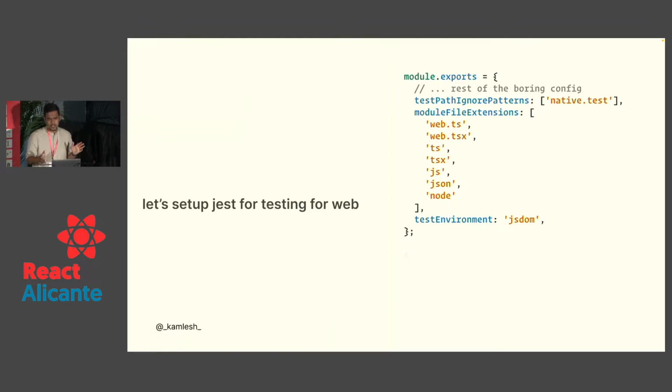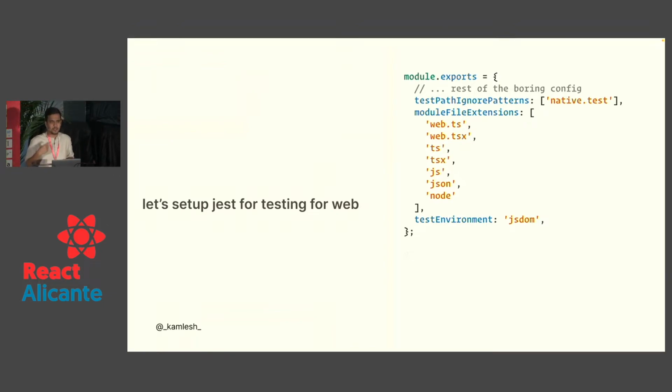Now, we are using React Testing Library. So we'll configure Jest to understand the extensions that we are trying to work with. This is a Jest config for web. We're telling Jest that it should ignore all the .native test patterns and only include .web patterns.